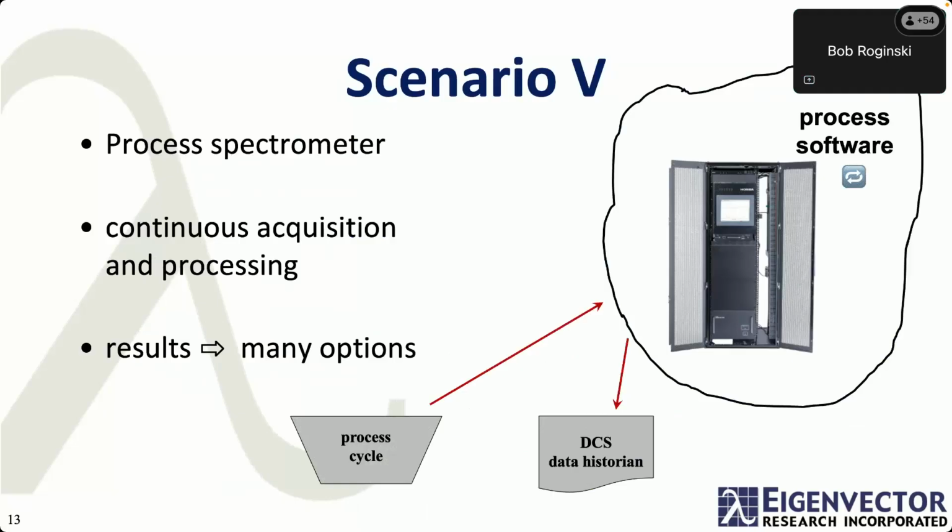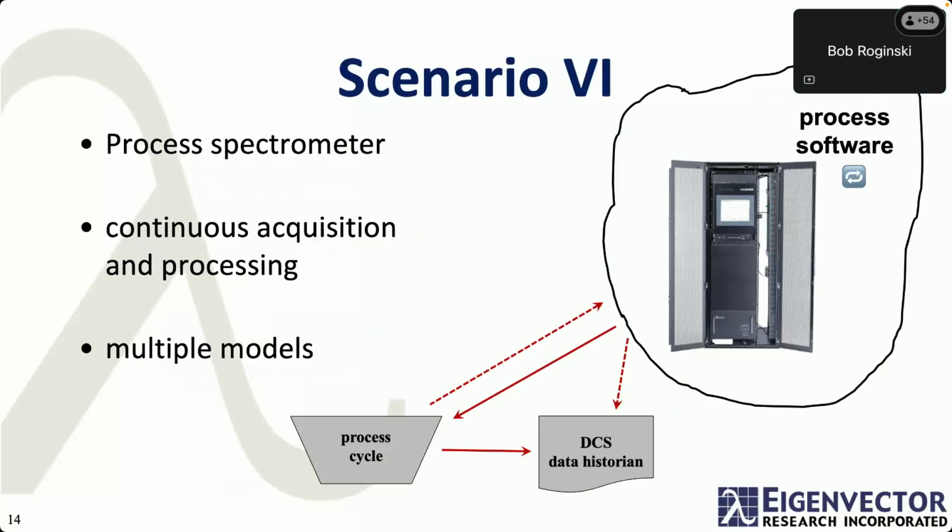So this scenario shown here would be where the process software gets the results back from the model application software and then sends it to the DCS or data historian.